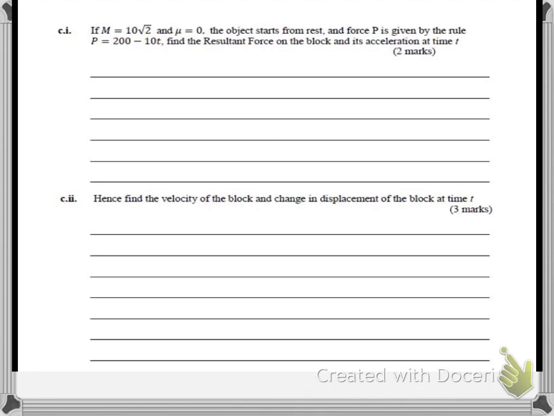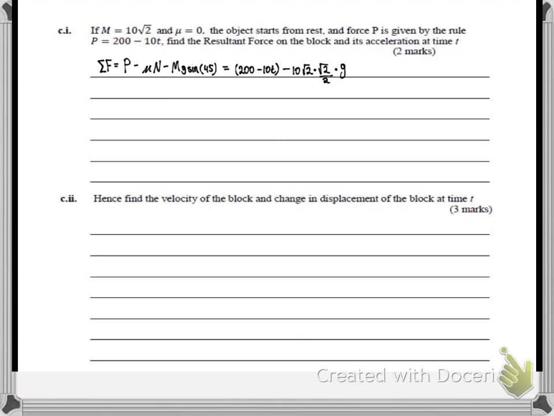Alright, so again, let's add up all our forces. And evaluate our sine function and substitute values for mass, and we get that. Now this time the value for mu is 0, so this term here gets cancelled out, that goes to 0.